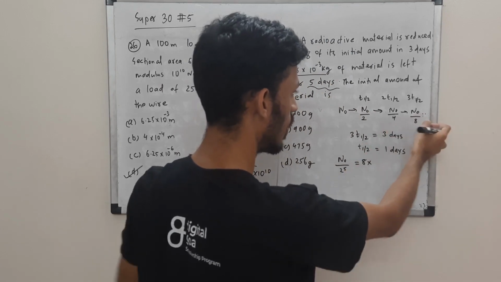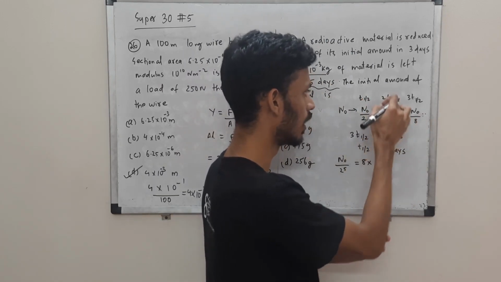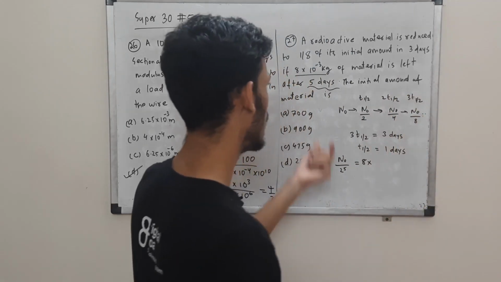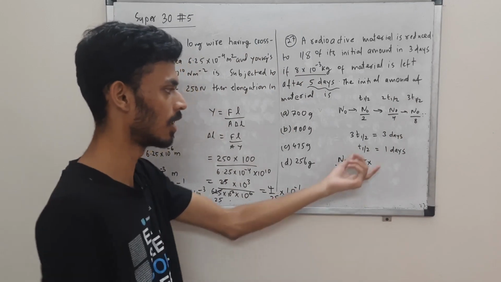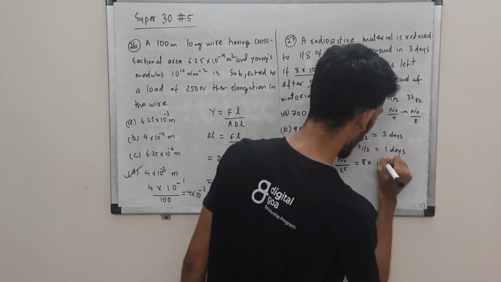If you see the pattern, after 1 half-life it is 2 raised to 1, then 2 raised to 2, third half-life 2 raised to 3. So after 5 days, which are 5 half-lives, it will be 8 into 10 to the power minus 3.